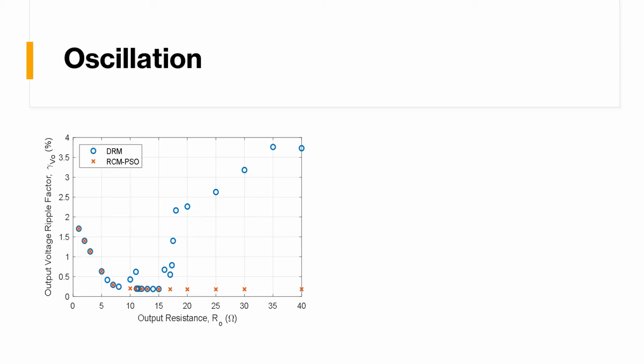The first one is the oscillation. You can see here, this is the output voltage ripple factor with different Rout for the PV using RCM-PSO and DRM at 1000 watt per meter square and 25 degrees Celsius. As I mentioned before, the ripple factor should be less than 2%.